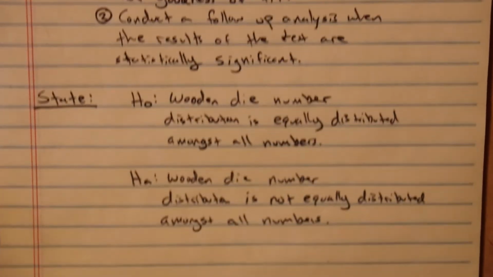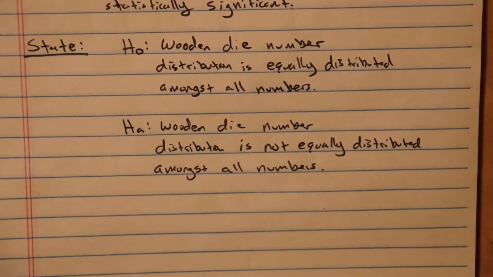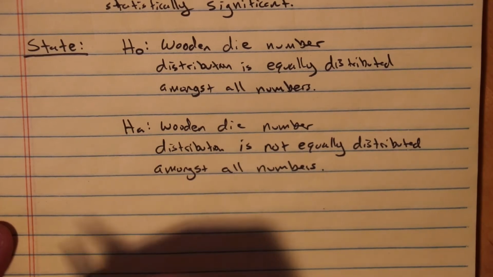And this is kind of nice because usually in a significance test we have some sort of parameter or symbol, and we have to define it, but really in the context of this we don't have to do any defining because it's all here, which is great. So that is our statement for this particular test.